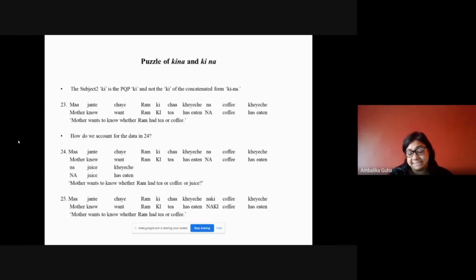Mother wants to know whether Ram had tea or coffee. So based on this evidence, I claim, though maybe it's too early to make this claim, that the ki we have in the subject position is the polar question particle which originated there. It has not moved from the kina position.